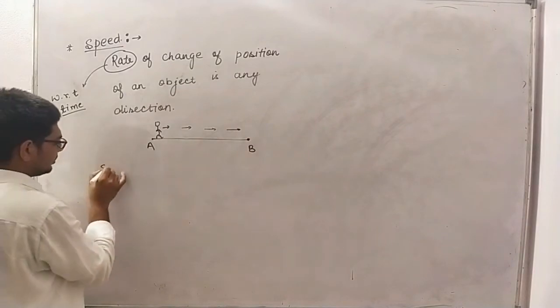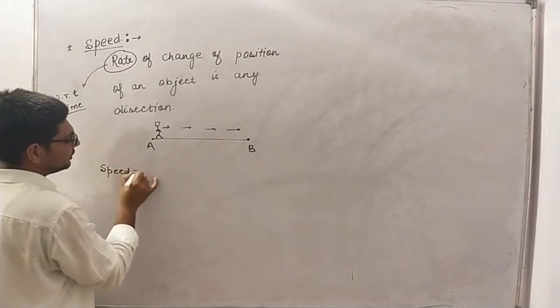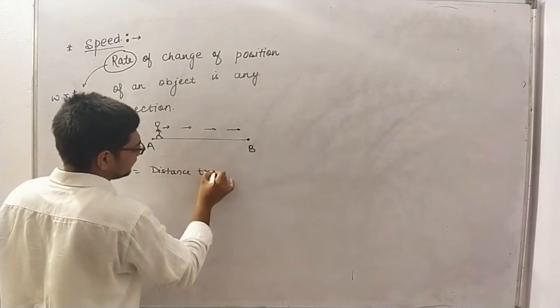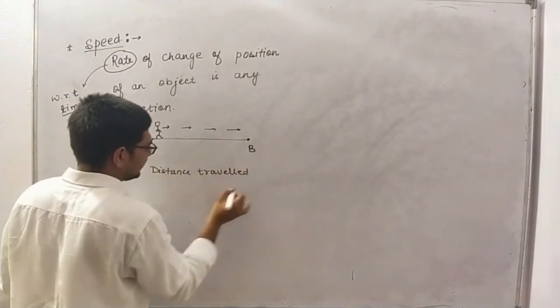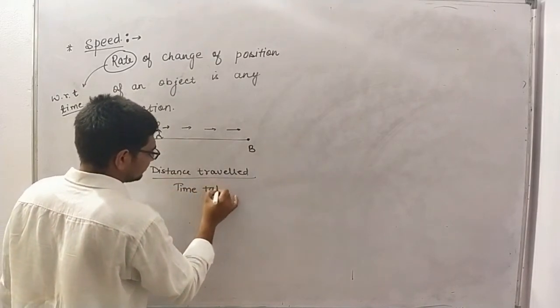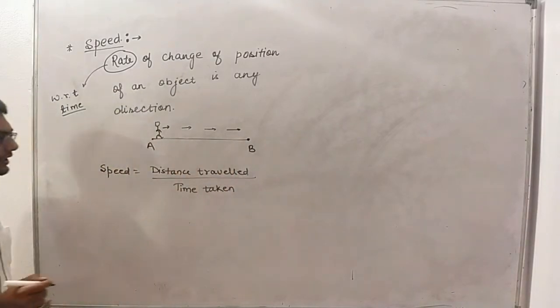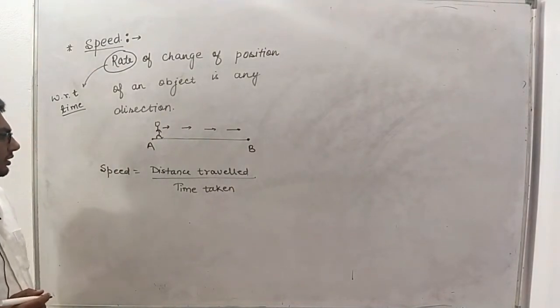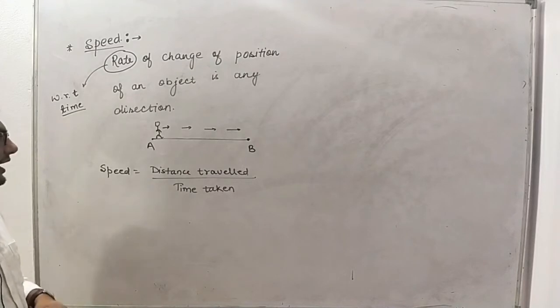So speed is equal to distance traveled upon time taken. This is speed: distance traveled per unit time taken.